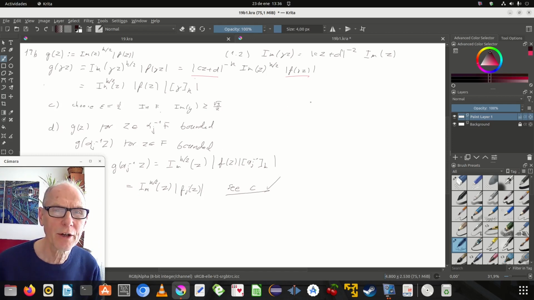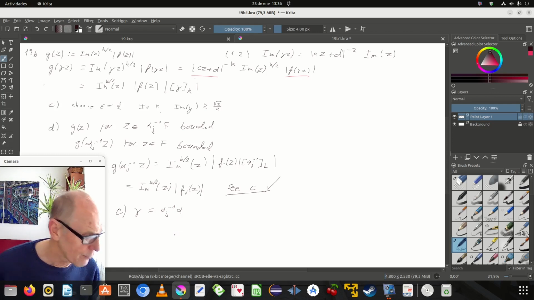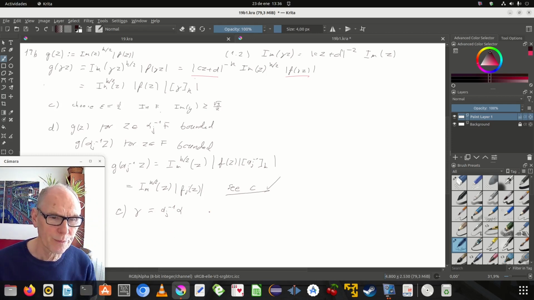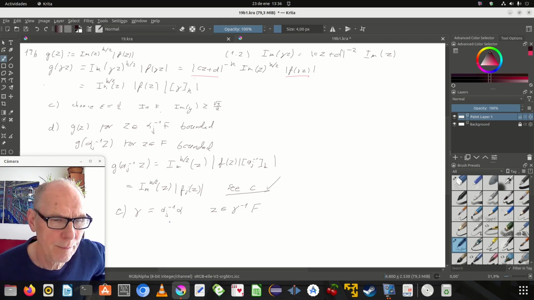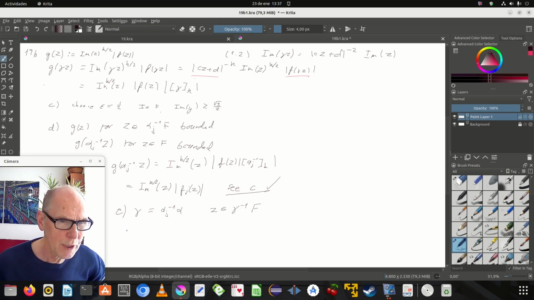So let's take any other guy. Gamma, is that a sensible one? Well, let's do that. Gamma equals alpha j to the minus first alpha, where z lies in gamma to the minus first of F. And then we do the same trick, or do we?